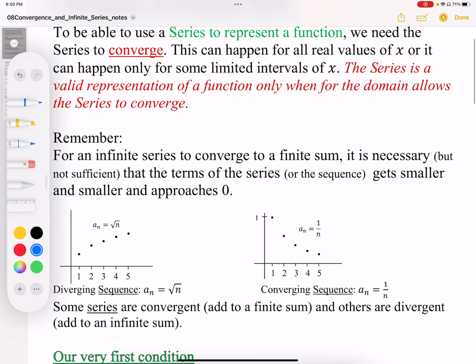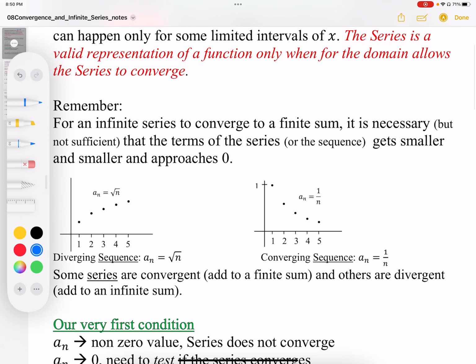This is something we have already talked about: for an infinite series to even have a chance of converging to a finite sum, it is necessary for the term number to go to zero. An example here would be a_n equals root n.